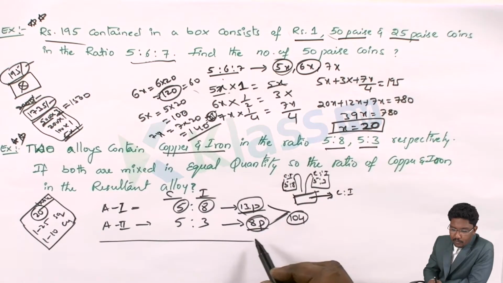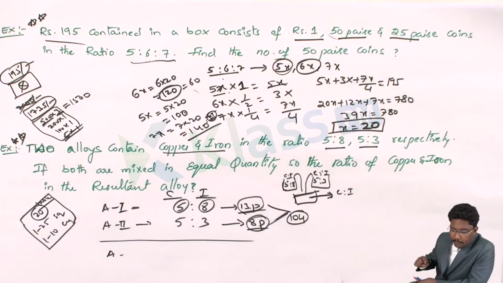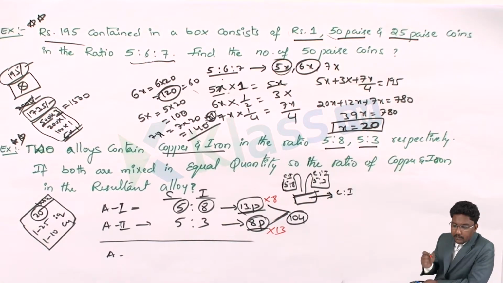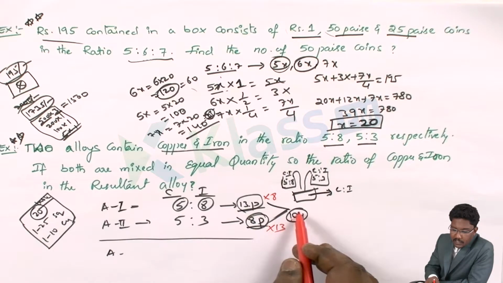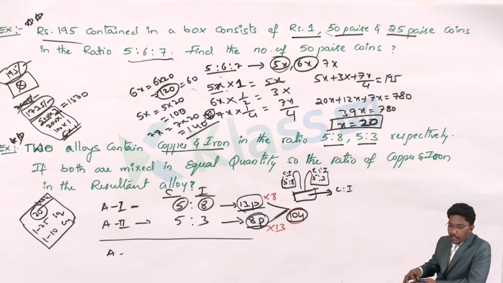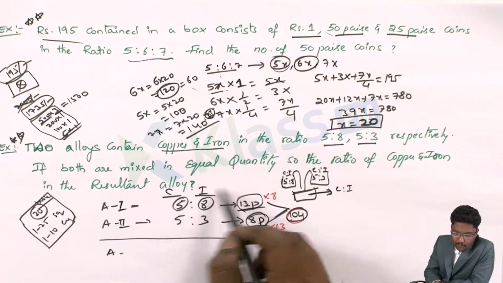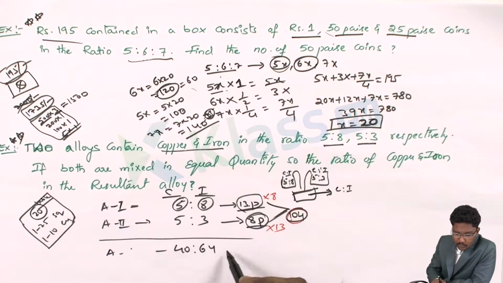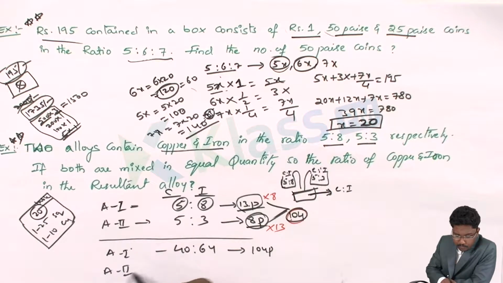So make it 104. How? Multiply the 13 parts of alloy 1 by 8, because the LCM of 13 and 8 is 104. 5 eights are 40, 8 eights are 64, so it is 104 parts. For alloy 2, 13 fives are 65 and 13 threes are 39.